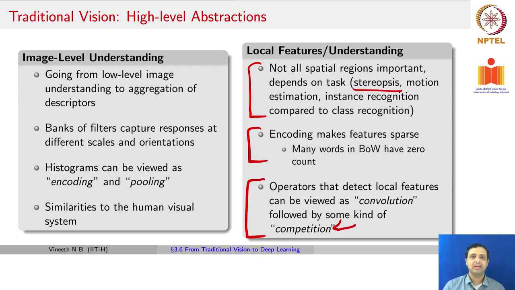So for example, be it the cluster centers, each of the cluster centers is trying to win votes of different features that correspond to that cluster center, and one of them wins. So there seems to be some kind of competition or pooling of the result of the convolution operation, which leads to the next step or a higher level understanding or description of the image.